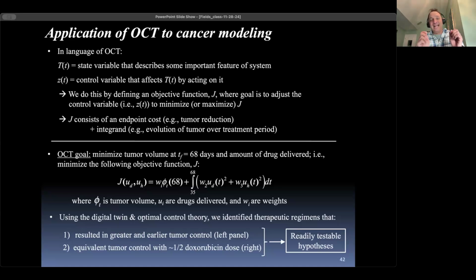I can tell you that off the record, things are looking promising, that our hypotheses are being validated, that we've actually landed on a way to mathematically optimize the intervention to have better tumor control for these mice using an optimal control therapy approach. But it hasn't been peer reviewed or submitted or anything like that. So I'm not going to be able to deliver the punchline that you want to hear, but ask me in 6 months.